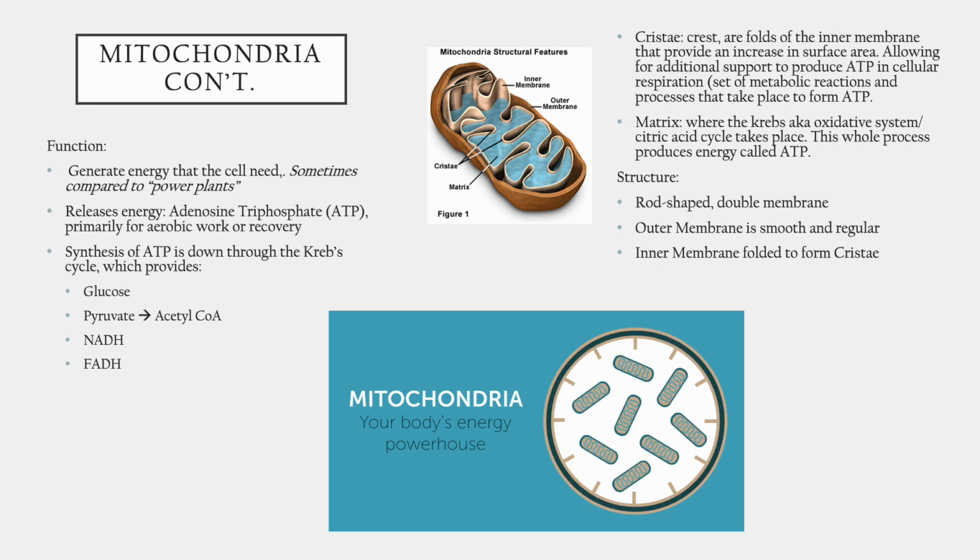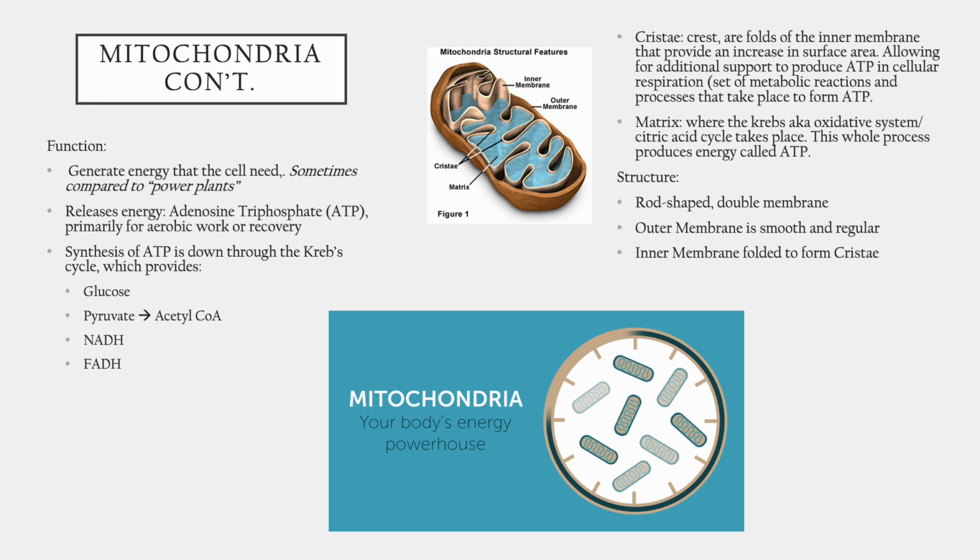Because we don't have the energy to meet those demands. So we have to recover. We have to have rest periods. During that downtime, during the rest period, the Krebs cycle, which contains the mitochondria, provides us with that energy to recover because it's low intensity. It's considered essentially aerobic work.